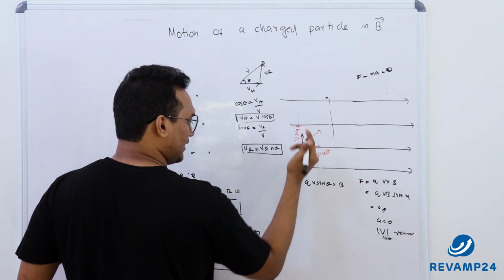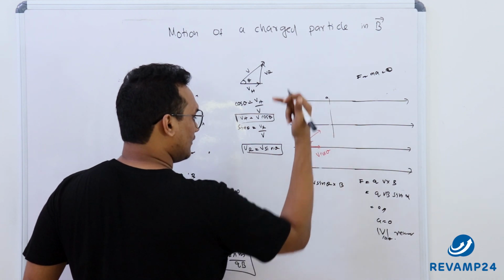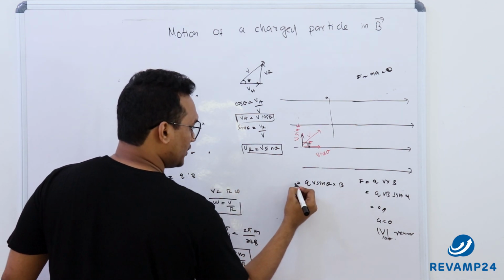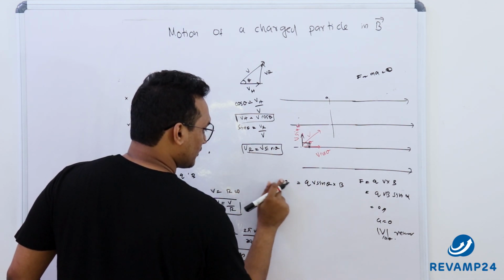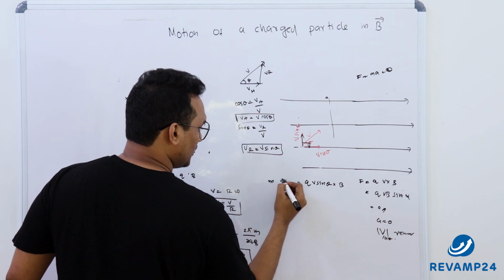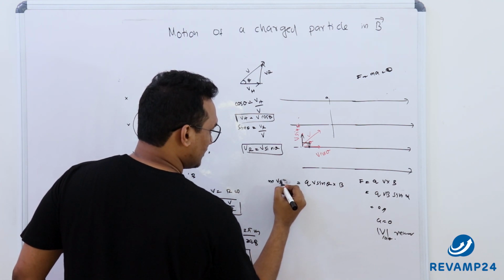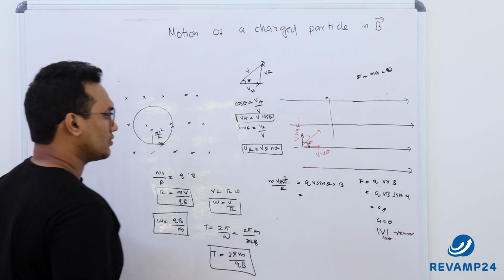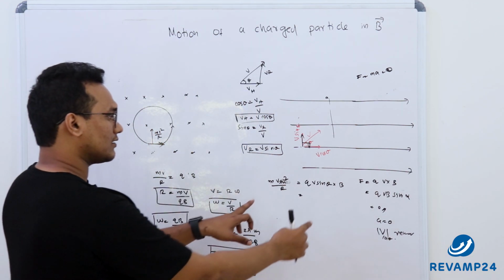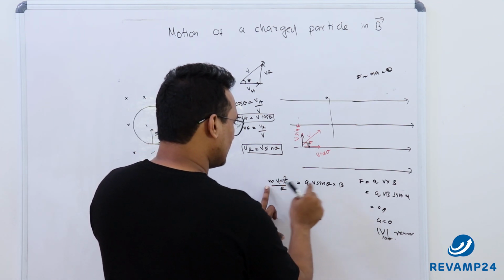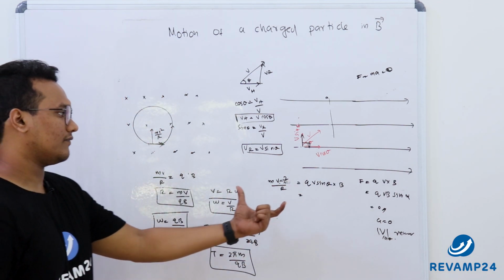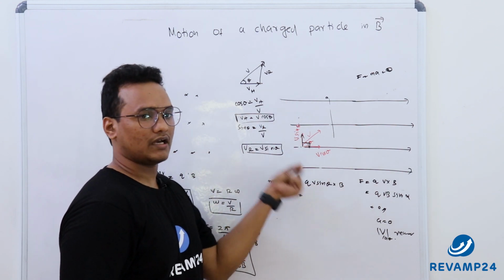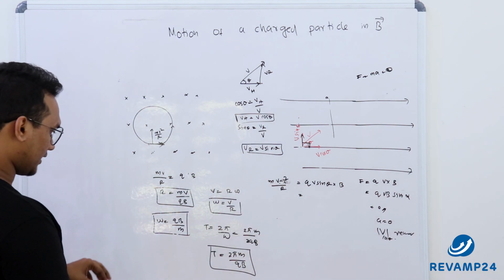With this V sin theta, it will have a circular loop, which means that will be used as mv squared by r, m into (v sin theta) squared by r. Now we will have a circular motion and associated with it a circular time period.